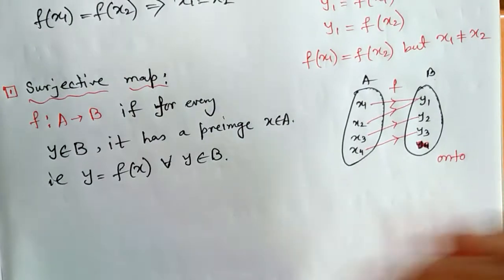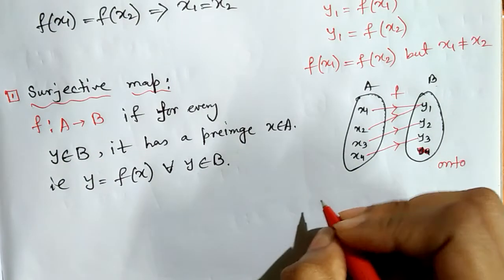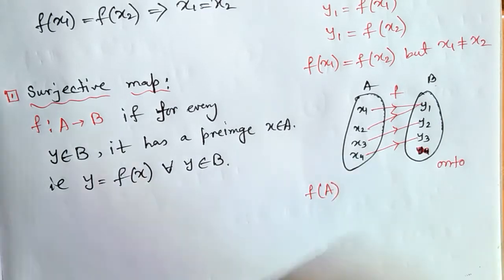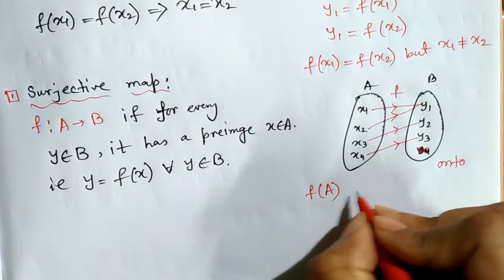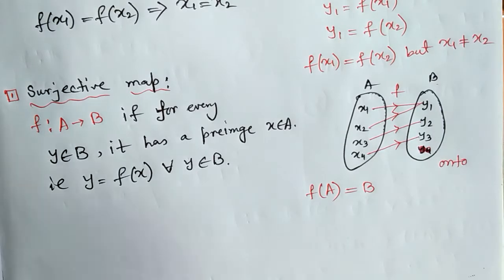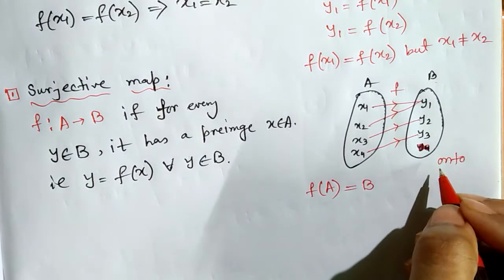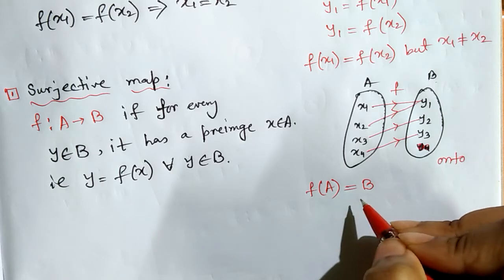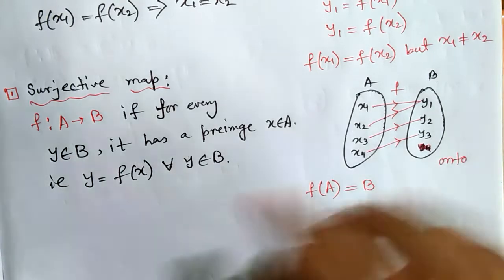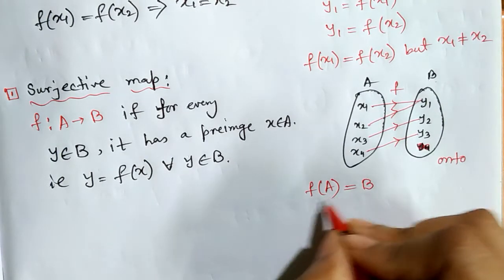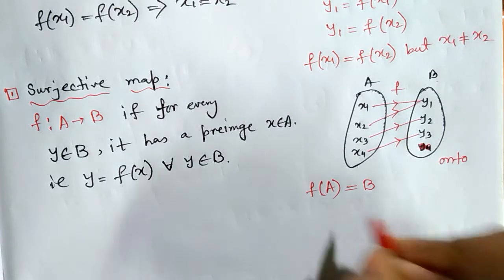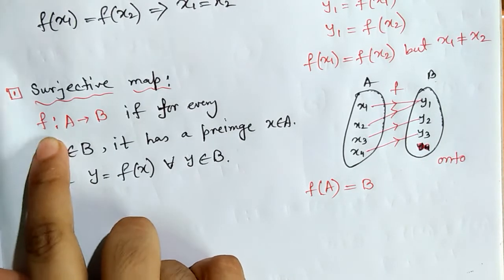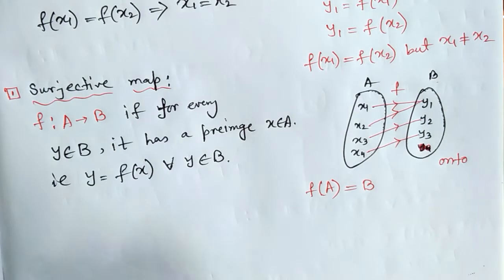In this case, notice that the image set or range, that is f of A, is equal to B. Now in general f of A, the image set, is a subset of the codomain, but in case of surjective mapping, f of A equals B. So here we can say that f maps from A onto B.